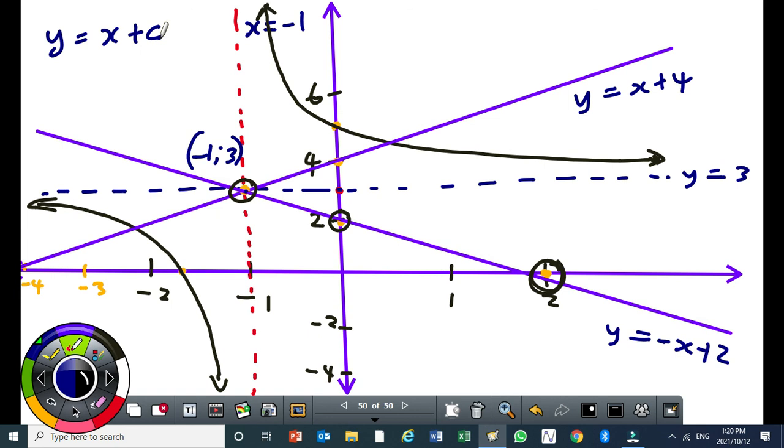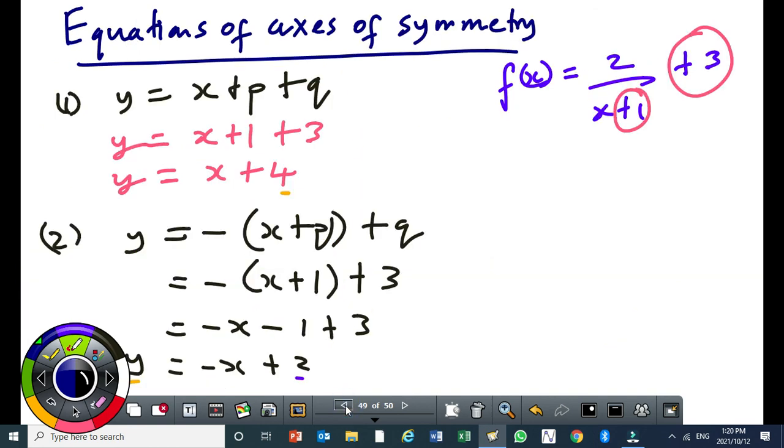Either you can substitute the coordinates of the point of intersection, or you can go back to the basics and use this equation. If it's a positive gradient or a negative gradient, you can use that equation. Later when I do a question, you will probably understand.